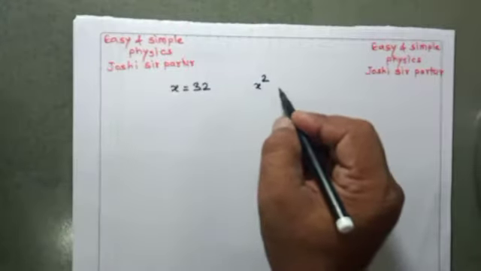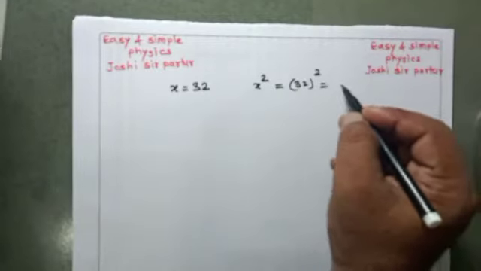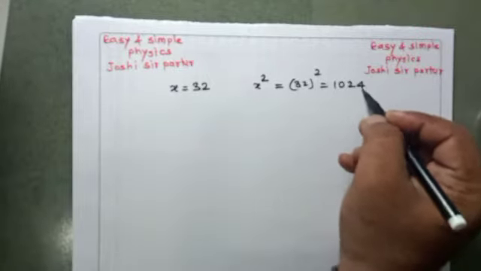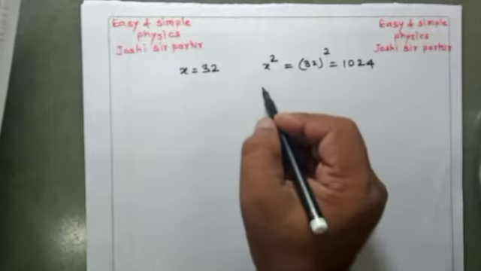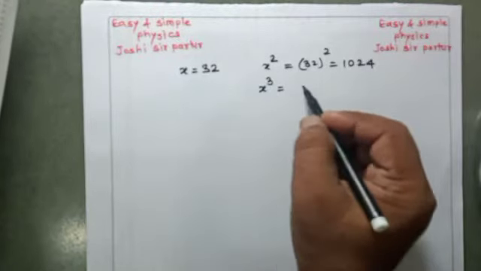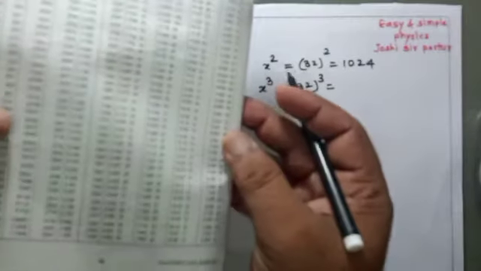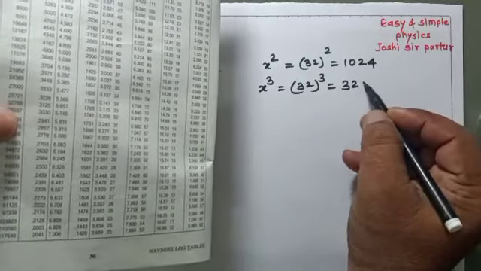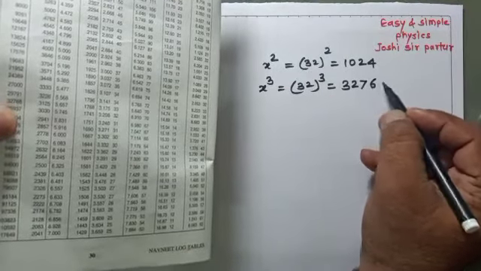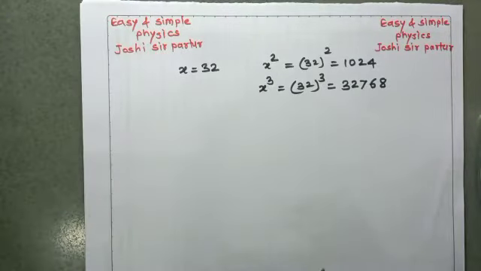So x square means 32 square, that is 1024 directly. If we want to find x cube, that is 32 cube, that is 32768. Directly we can find the cube of 32.